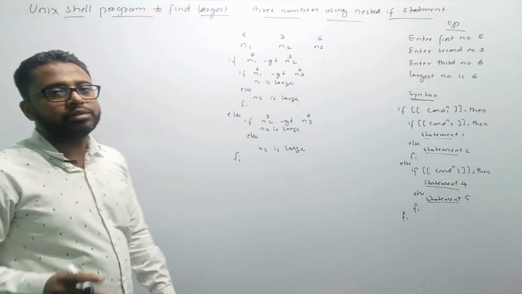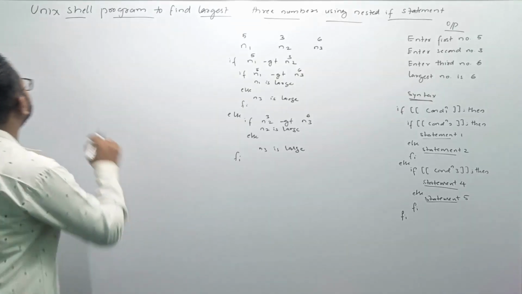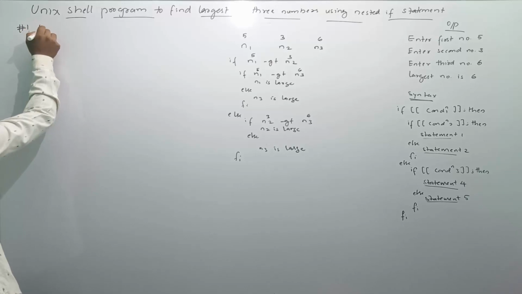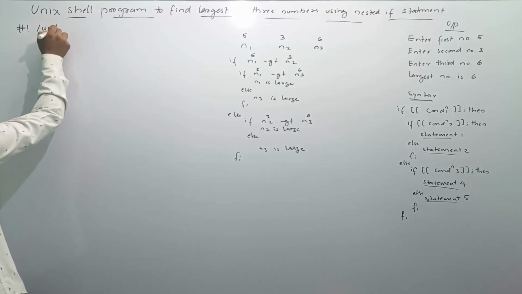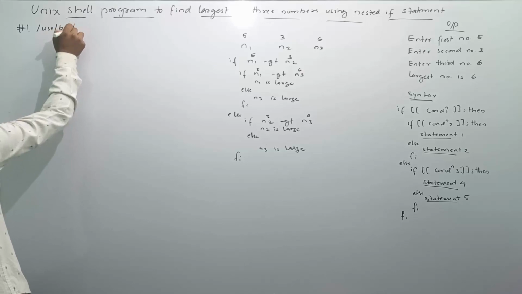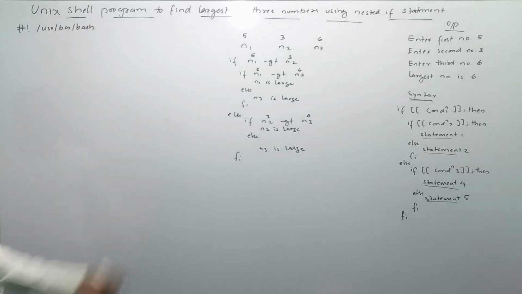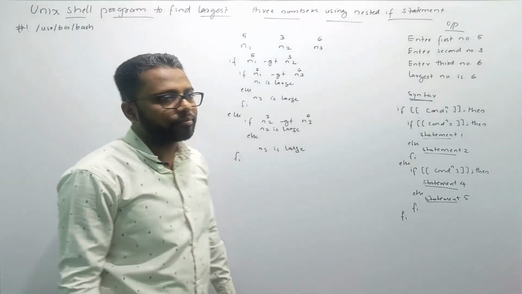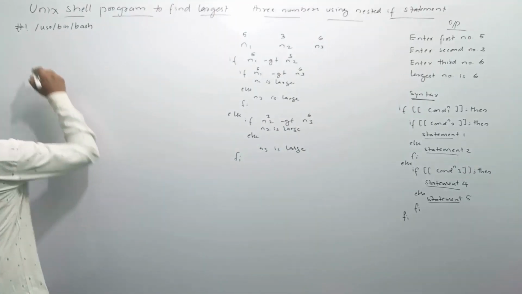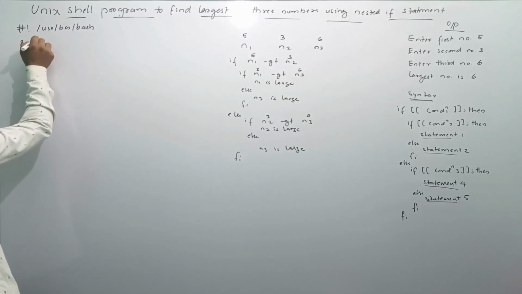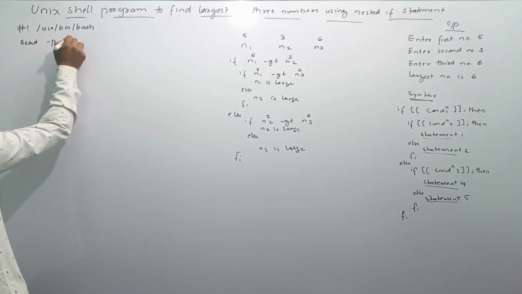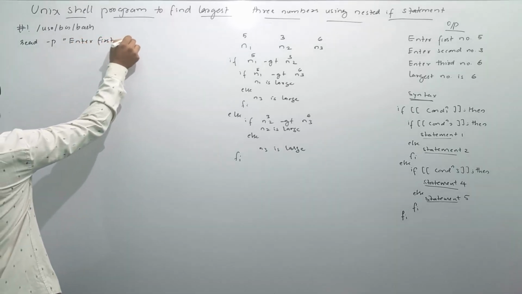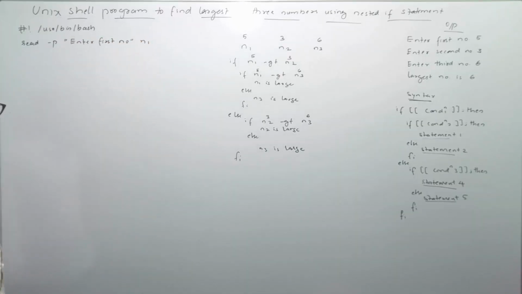Every shell program starts with a statement called the shebang statement, which is hash exclamation space forward slash usr forward slash bin forward slash bash. Then I need to write the code to accept those three numbers. First I will accept the first input. I will use the read command: read -p "enter first number" n1.